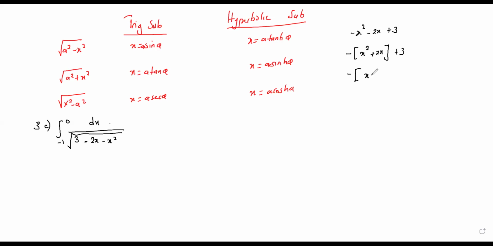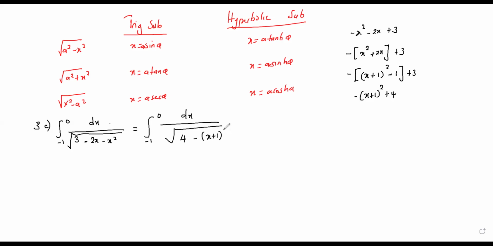That is x plus 1 squared minus 1 plus 3. So this is going to be negative x plus 1 squared plus 4. Meaning, when we come back here, it's going to sit as dx over the root of 4 minus x plus 1 squared.